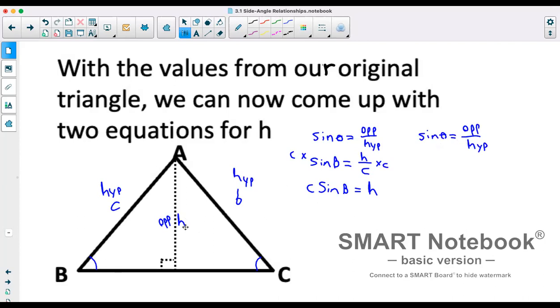Now our opposite was H, our angle is capital C, and our hypotenuse is side length B. We want H on its own, so we multiply both sides by B. That gives us B sine of angle C equals H. So we've now come up with two equations that both equal H.